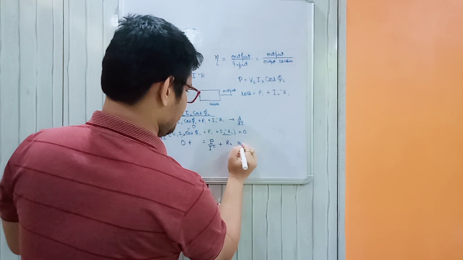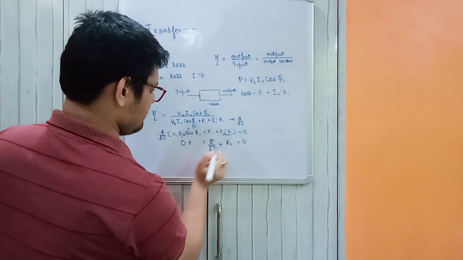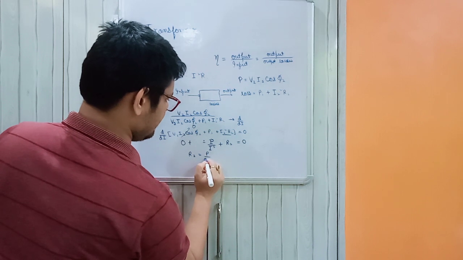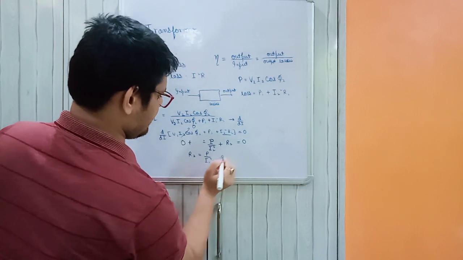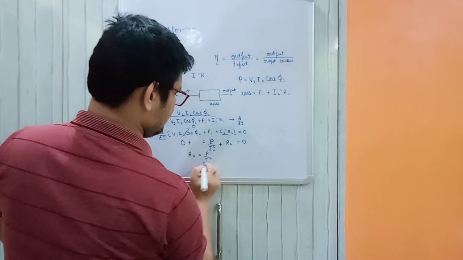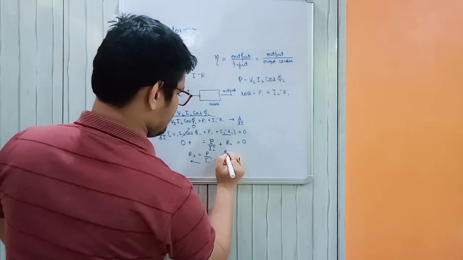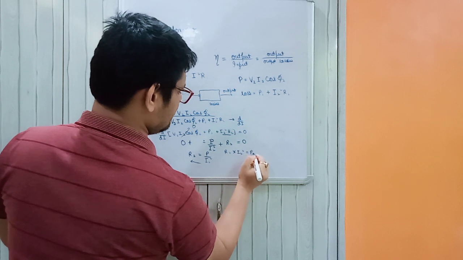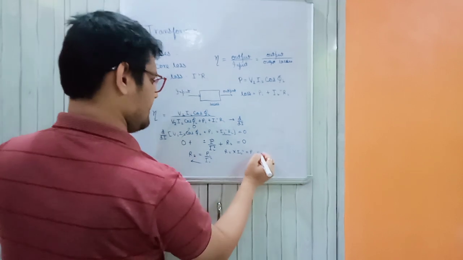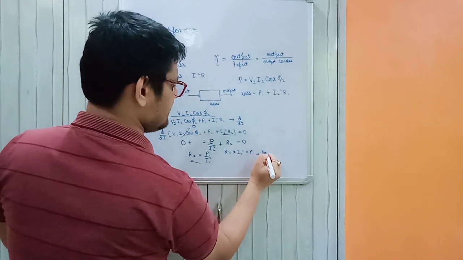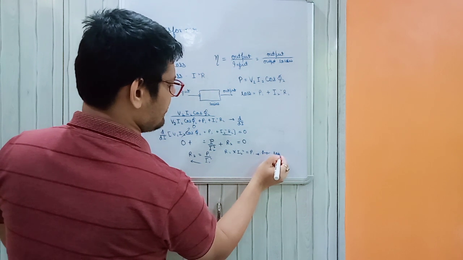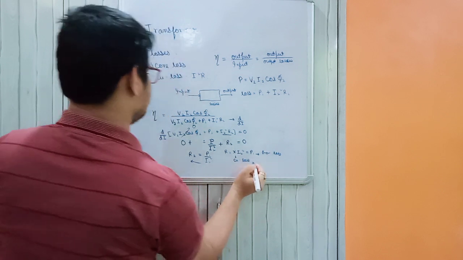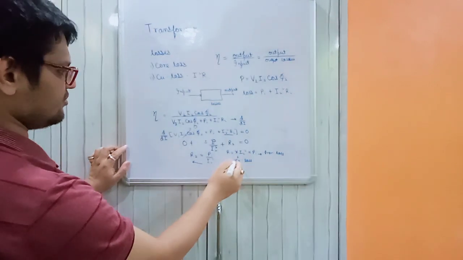If we equate this to 0, we can write R2 equal to Pi divided by I2 square. Therefore R2 into I2 square is equal to Pi. Here Pi is the iron loss and this is the copper loss, so iron loss and copper loss are equal.